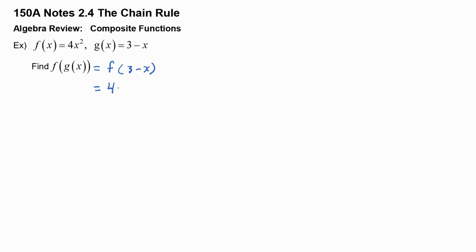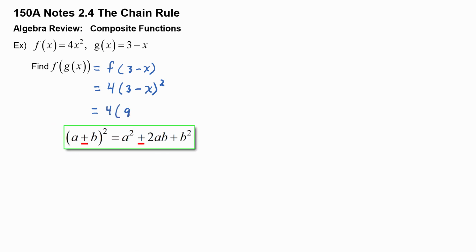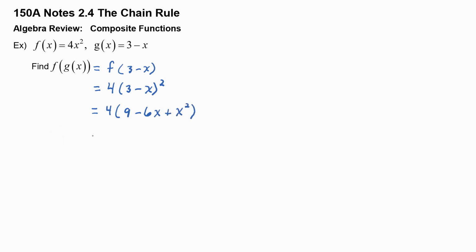So this is 4 times 3 minus x squared, which is equal to 4 times 9 minus 6x plus x squared. And finally, simplifying, we get 36 minus 24x plus 4x squared.